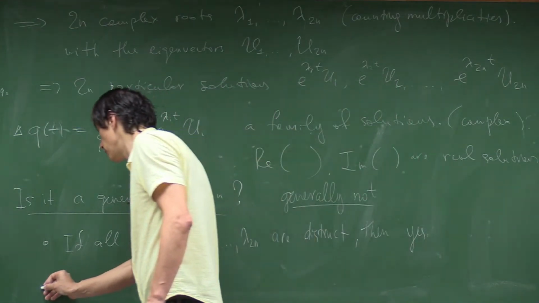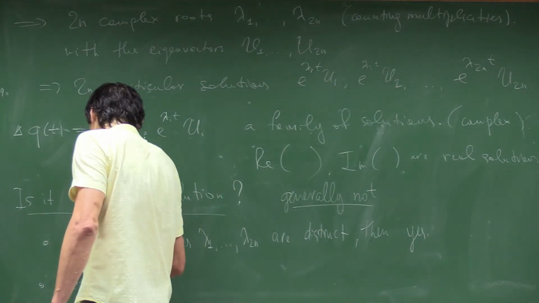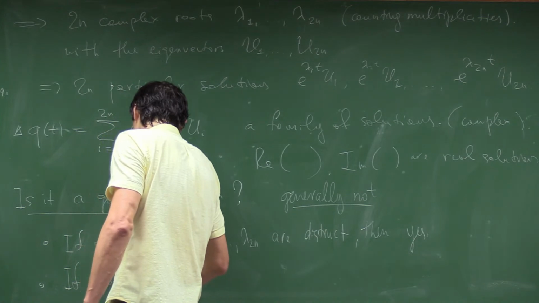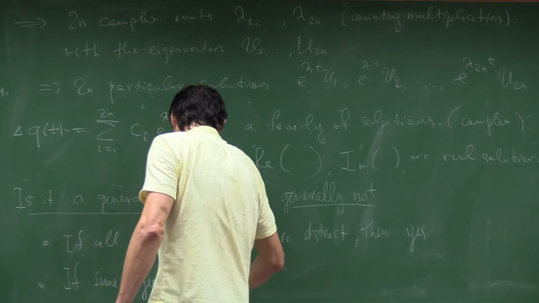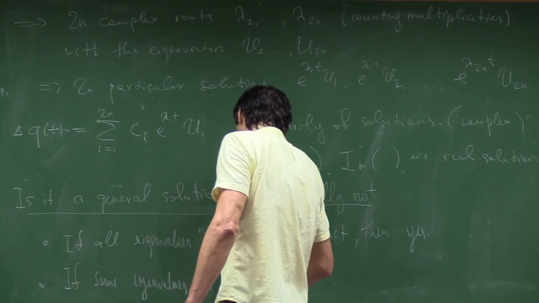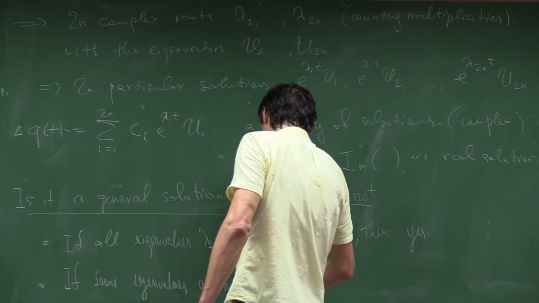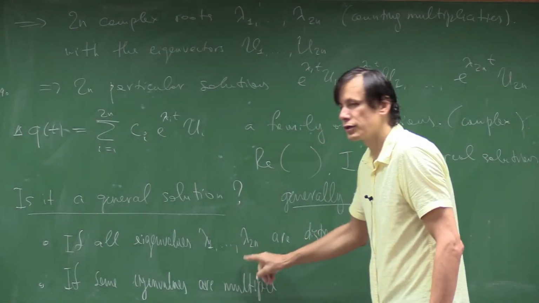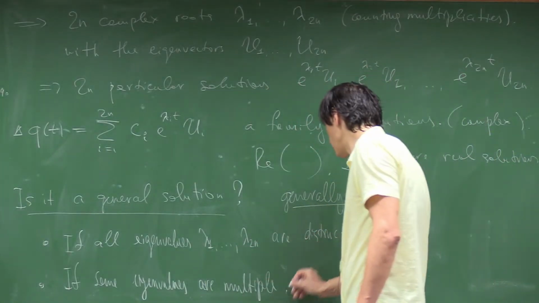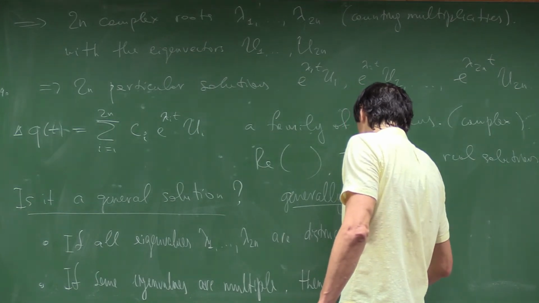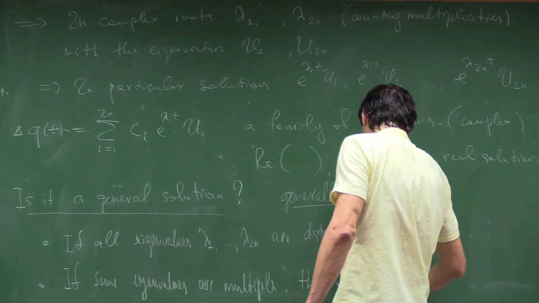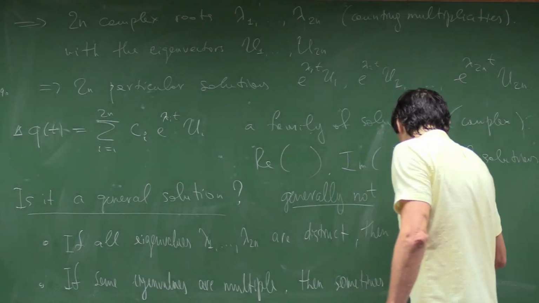And if some eigenvalues are multiple, so if there are some equal roots in this sequence, then sometimes yes, sometimes not.